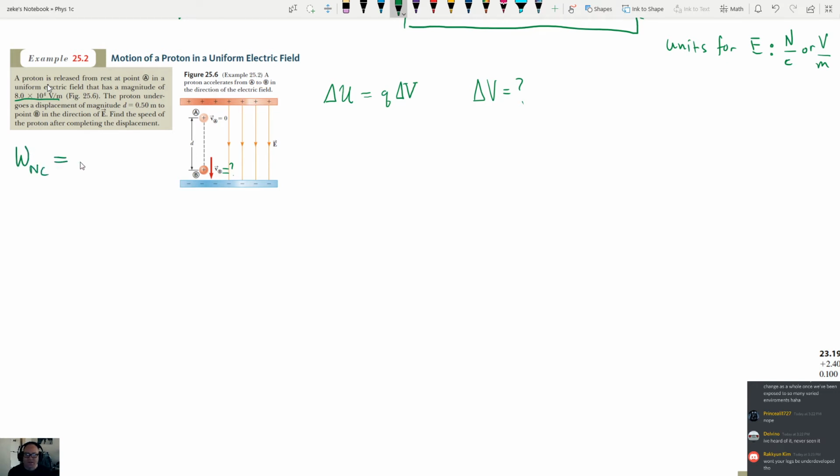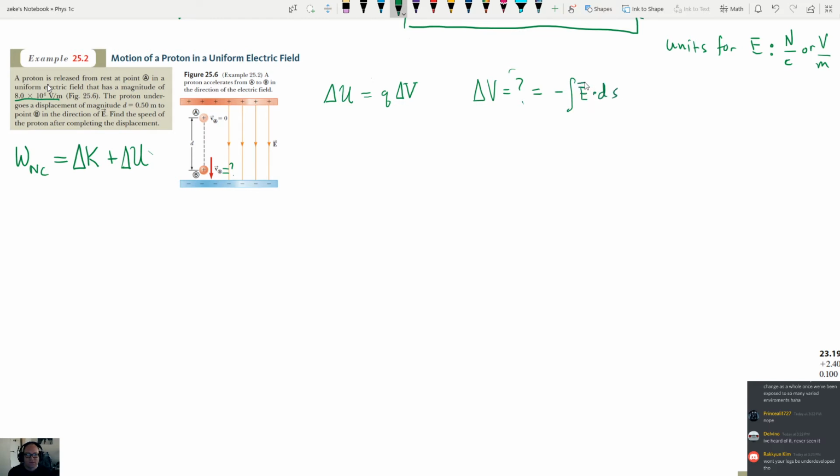The work done by non-conservative forces should be equal to the change in the kinetic energy of the particle plus the change in the potential energy of the particle. So if we know what the change in kinetic energy is, we can find velocity. That's our goal here, ultimately. So that means steps would be, first of all, find delta V, then use this equation, and then use this equation.